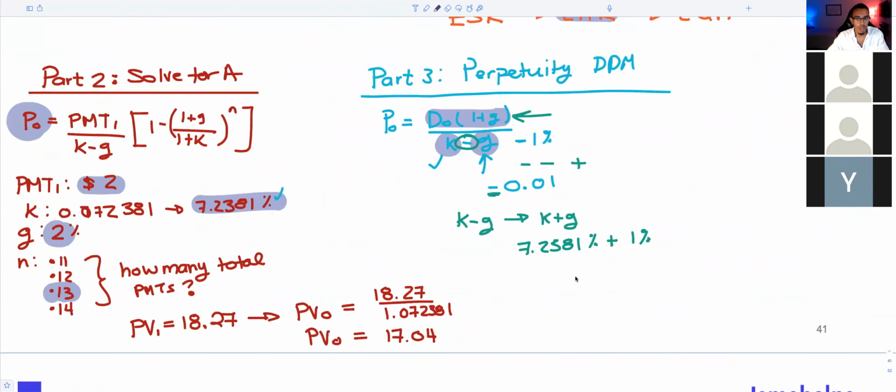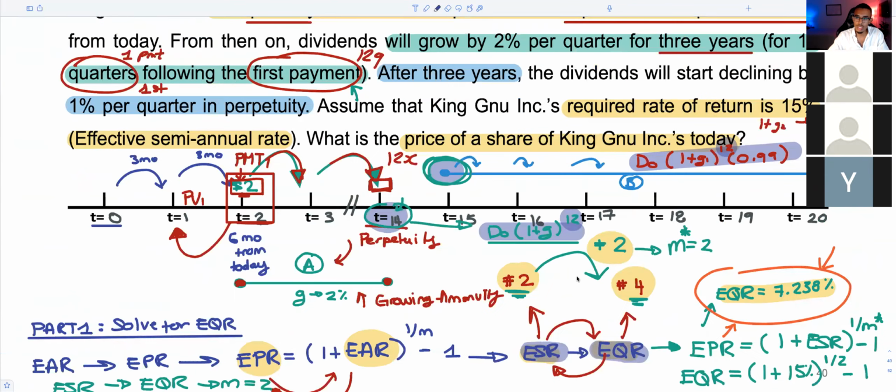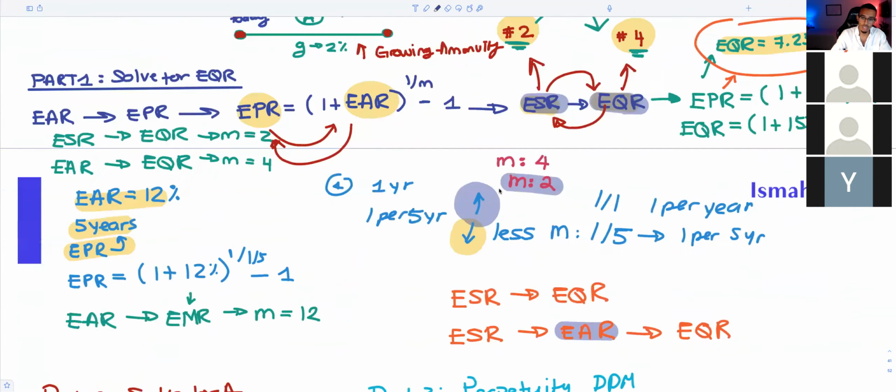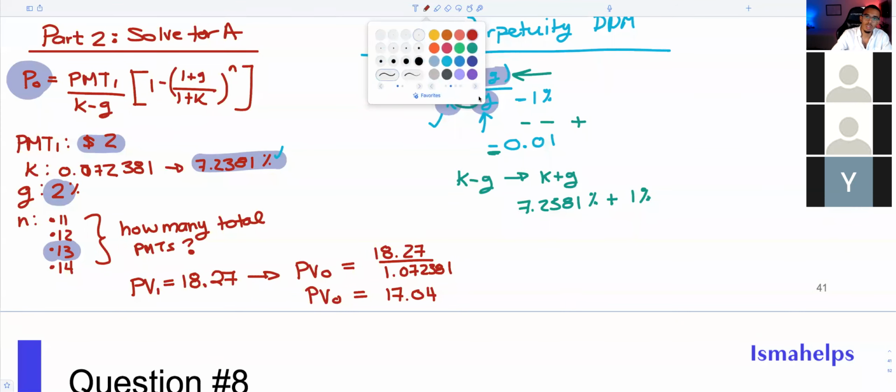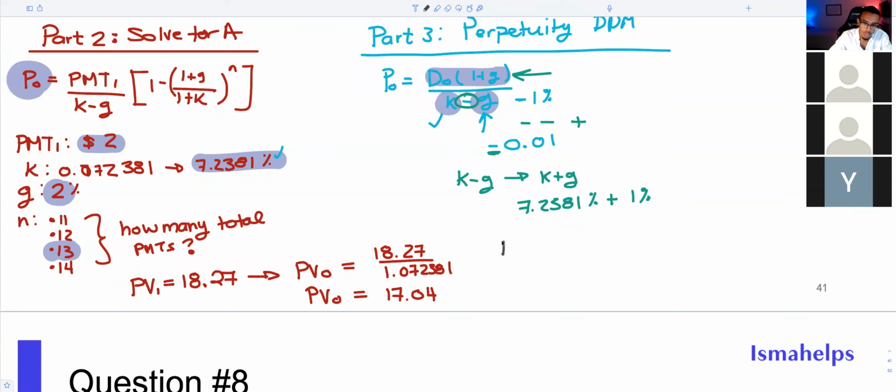And think about it. This is going to be our numerator, right? Because we grew for 12 periods, and then we need to decrease or decline for 1 period, such that if we plug this into our formula, we're going to get our present value at period 14.